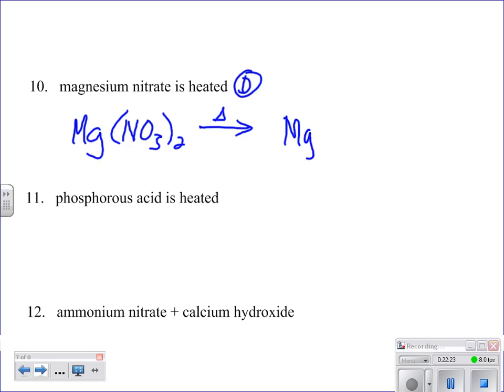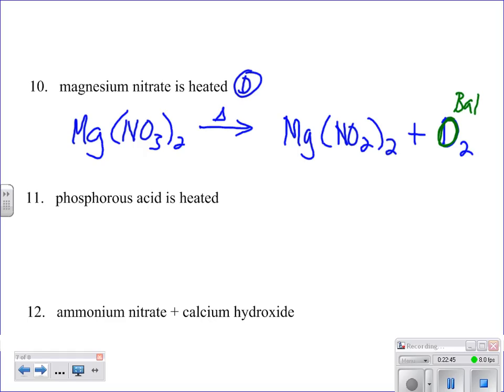So we're going to form magnesium nitrite, plus 2 minus 1, plus oxygen. Okay, so then when we balance it, it is balanced.